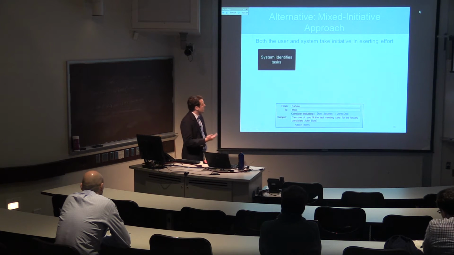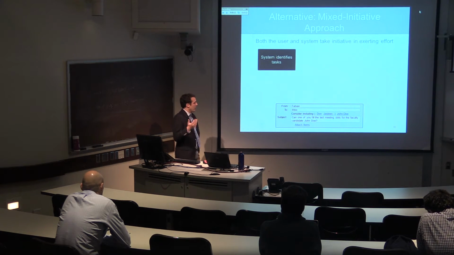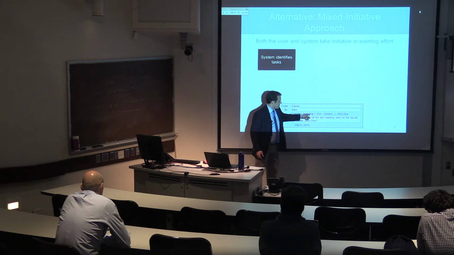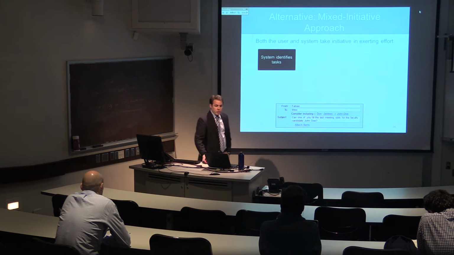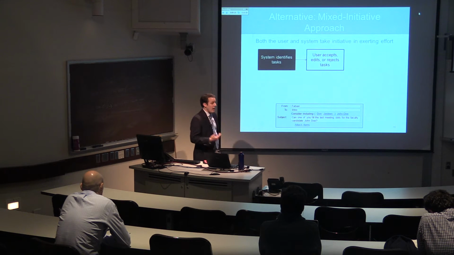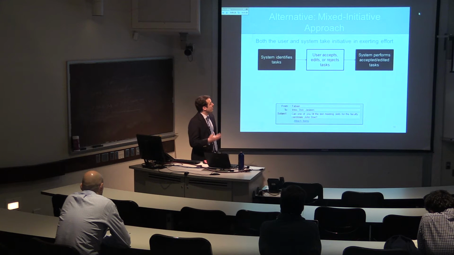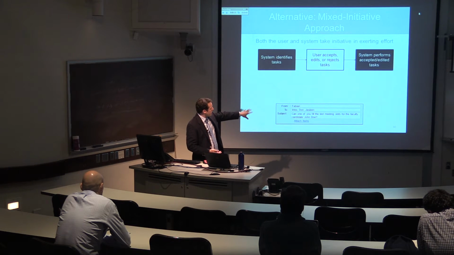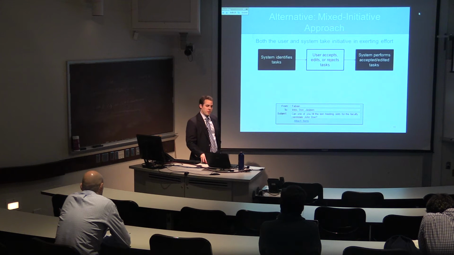The system initially exerts effort by identifying likely tasks, such as suggesting recipients in an email message. Then the user exerts effort by accepting, editing, or rejecting these tasks. So in this example, the user may select some of these suggestions that are appropriate. Then the system finally exerts effort by performing these accepted or edited tasks. For example, taking those suggestions and adding them to the set of recipients for this message.